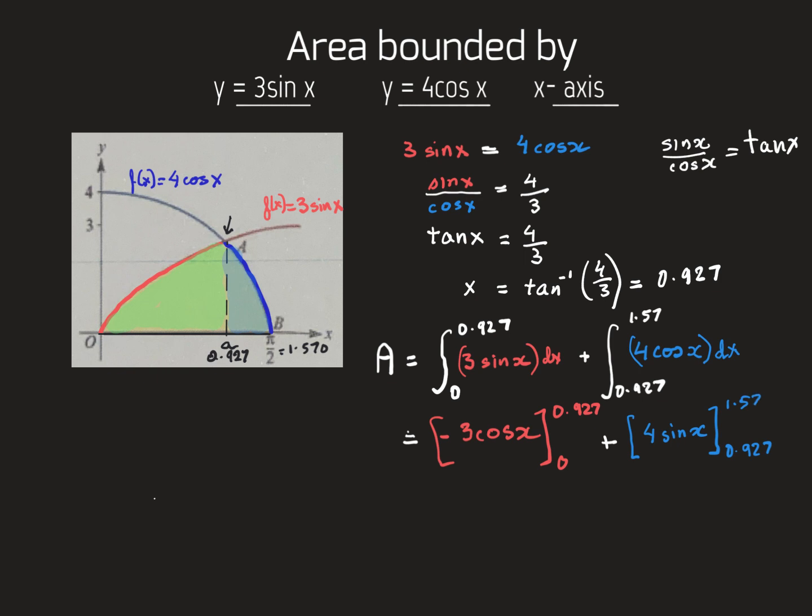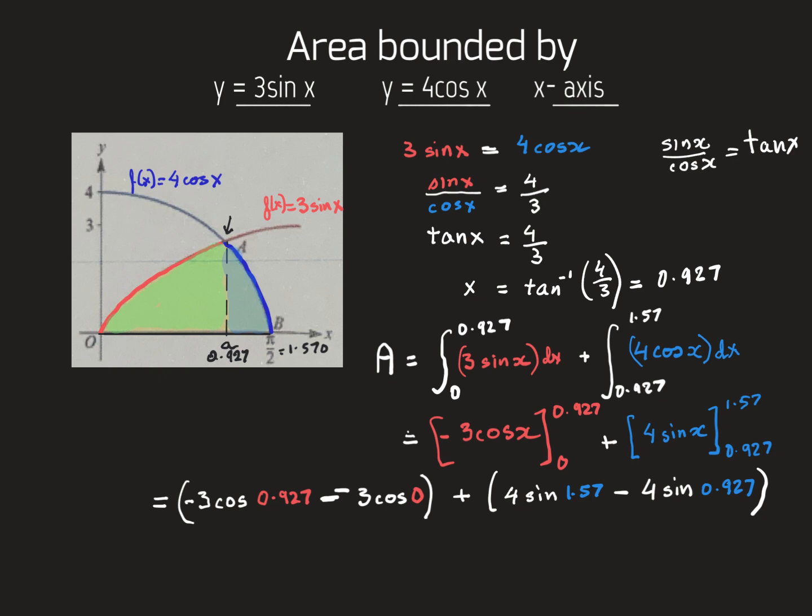And continuing, just to substitute this, firstly substituting 0.927 and 0, and then we continue substituting for that 4 sine x here with values of 1.57 and 0.927.